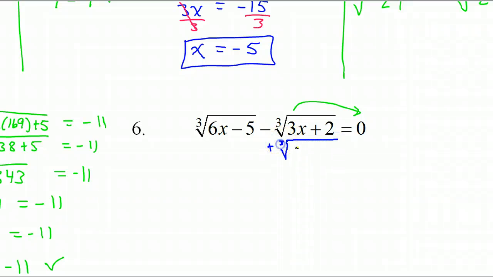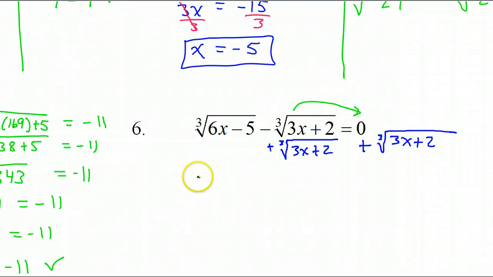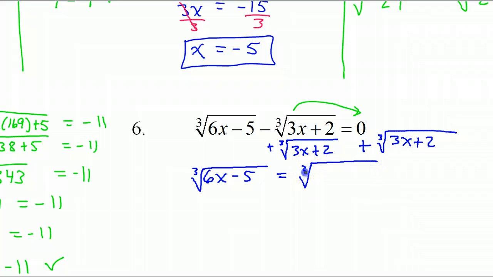I'm adding the cube root of 3x plus 2 to both sides. Essentially I'm moving it over. So that is going to give me the cube root of 6x minus 5 equals the cube root of 3x plus 2.